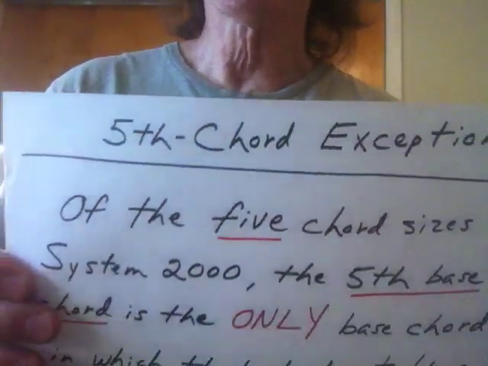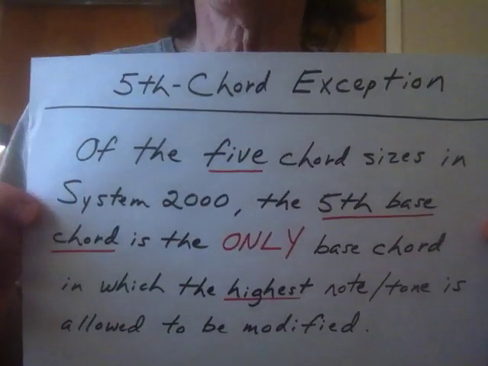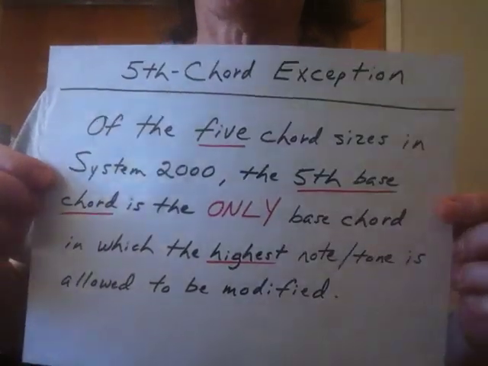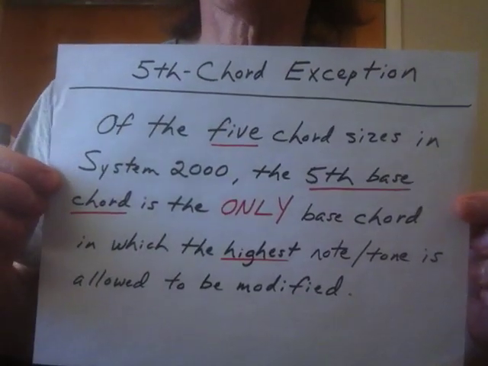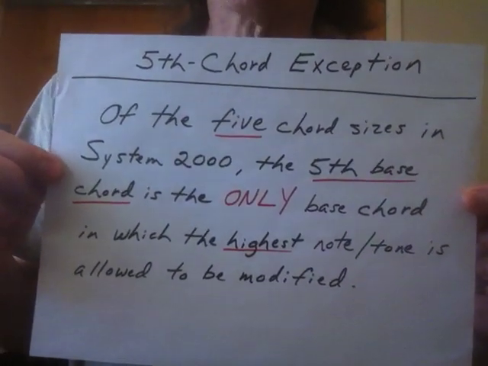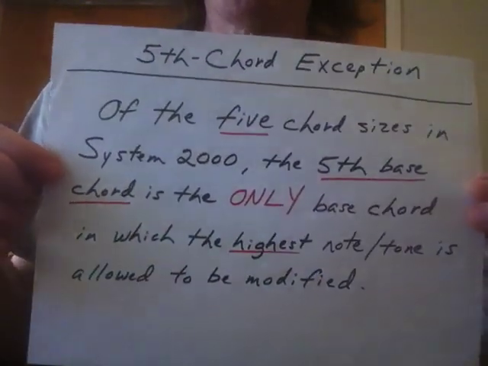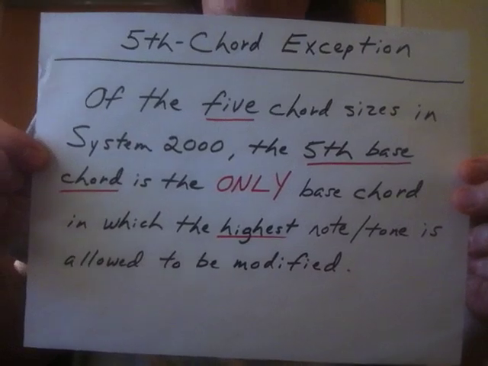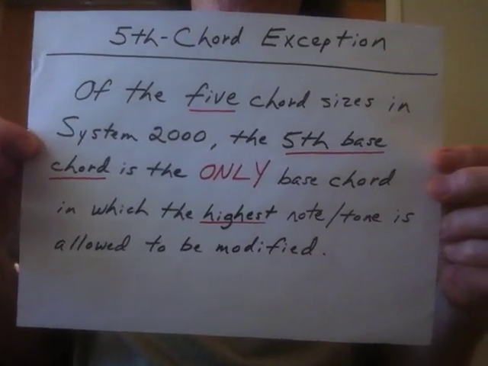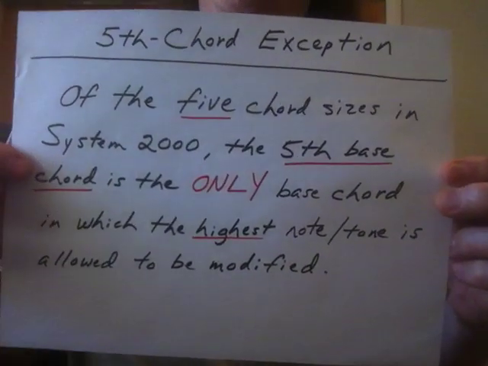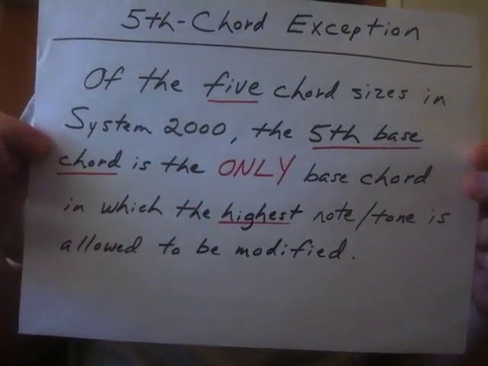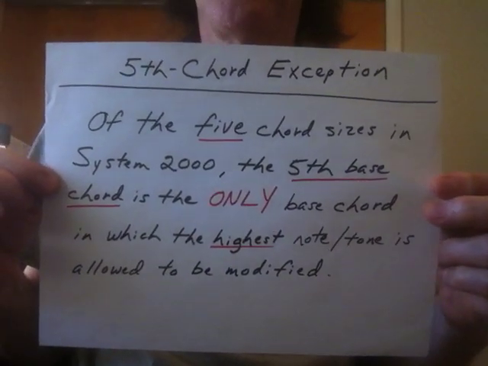All right? Now, the fifth chord exception is actually a rule in my system. It's one of the very few rules in my system. And I'll try to read this if I can see it properly. Of the 5 chord sizes in System 2000, the fifth bass chord is the only bass chord in which the highest note is allowed to be modified.